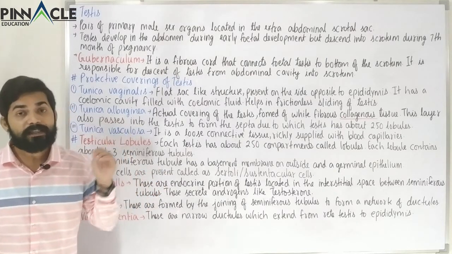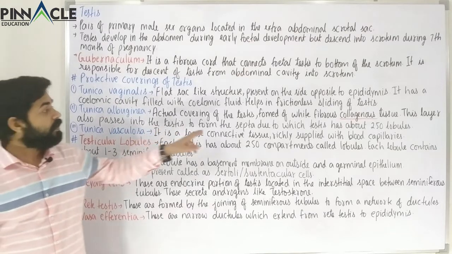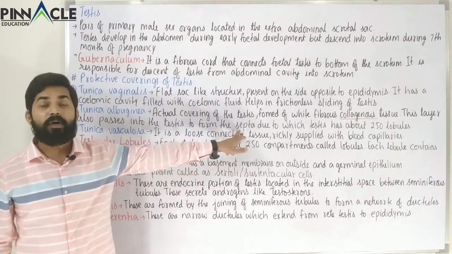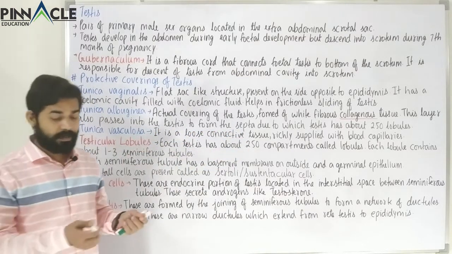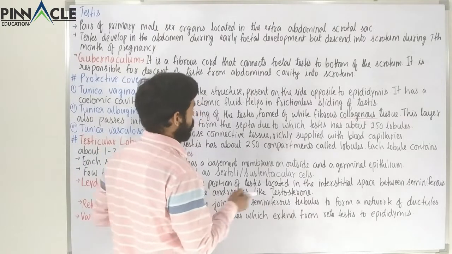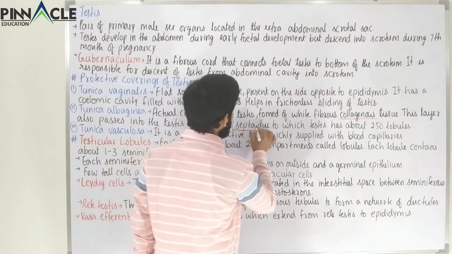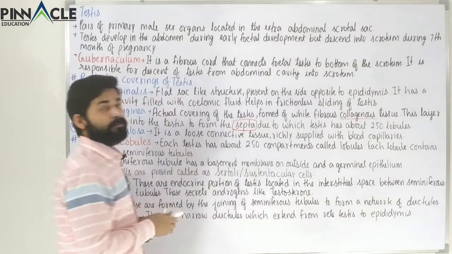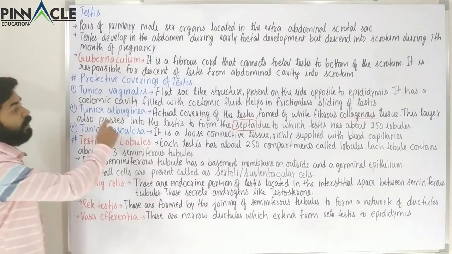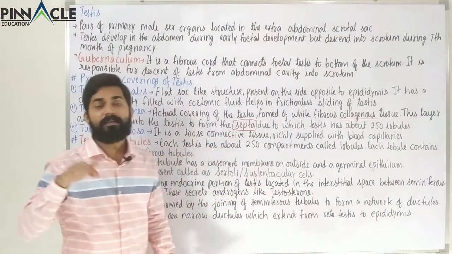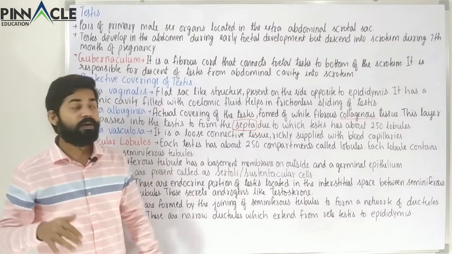It goes inside the testis, and inside it forms the septa. Because of this septa, there are around 250 lobules in the testis. So this septa is important. This septa is formed by the tunica albuginea, and because of it there are around 250 compartments or lobules in each testis.